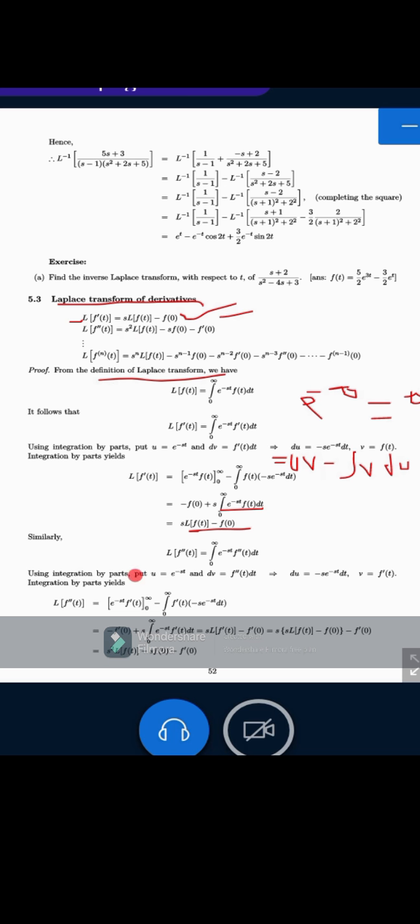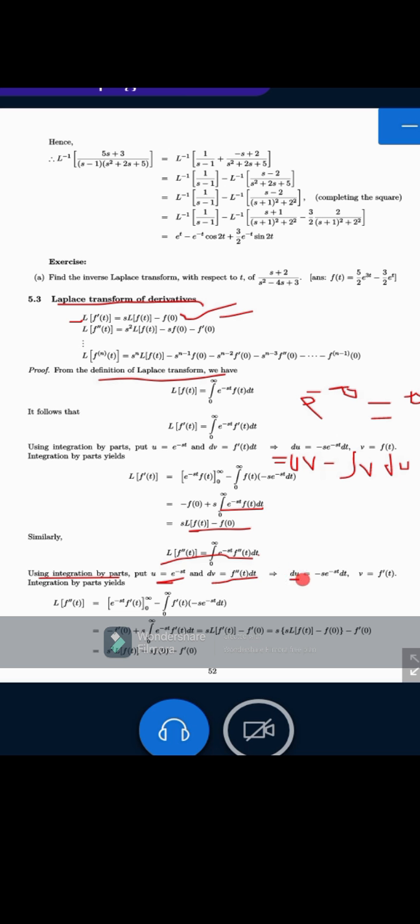So moving ahead, we know that the Laplace transform of the second derivative is given by the integral from 0 up to infinity exponential minus st f double prime of t dt. So we are also applying integration by parts, and we choose u to be exponential minus st, and then dv will be the remaining part, that is f double prime of t dt.